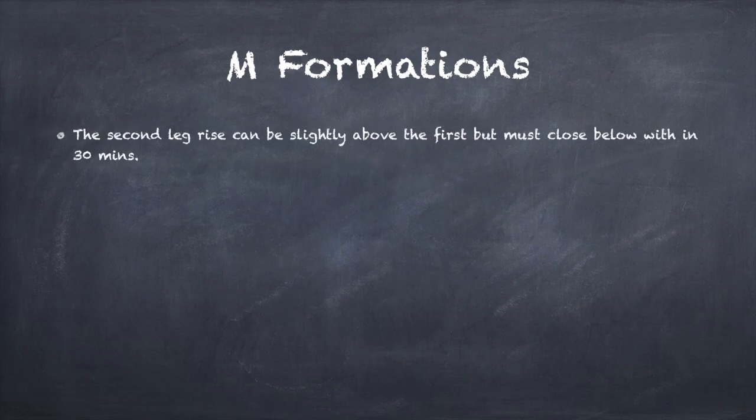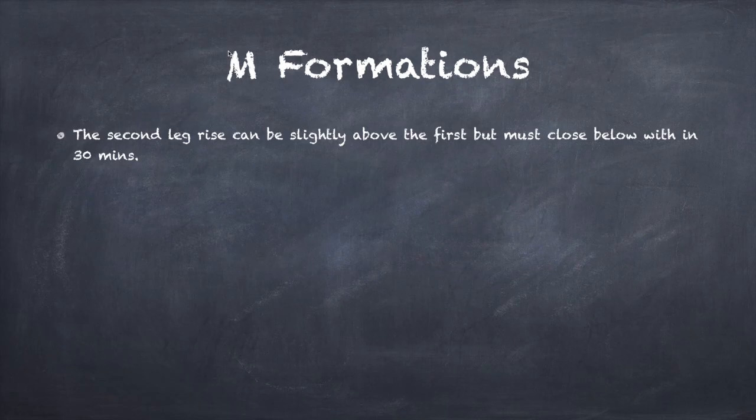The second leg rise can be slightly above the first, but it must close within 30 minutes. So this second leg that comes up on this M, it's okay if it goes past it, that's perfectly fine. But it has to close within 30 minutes, meaning it has to come back down, and it can't pass the previous first leg high when it's closed.